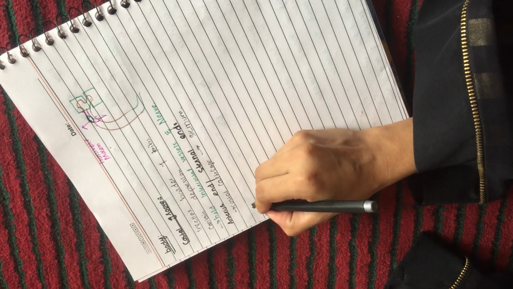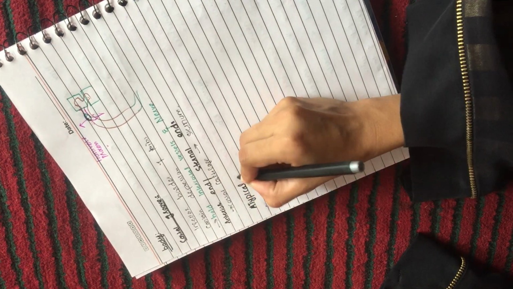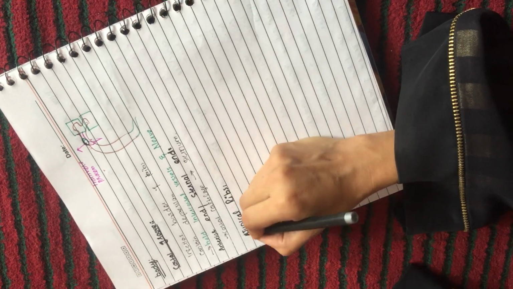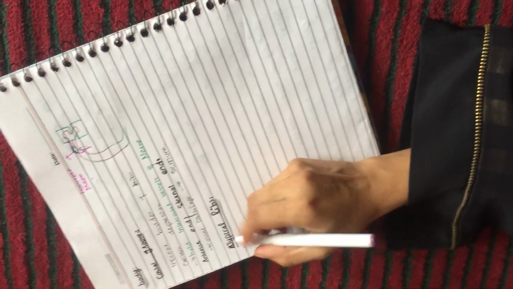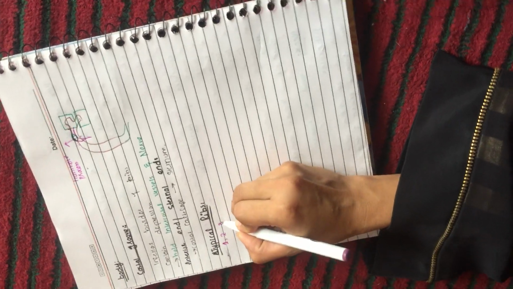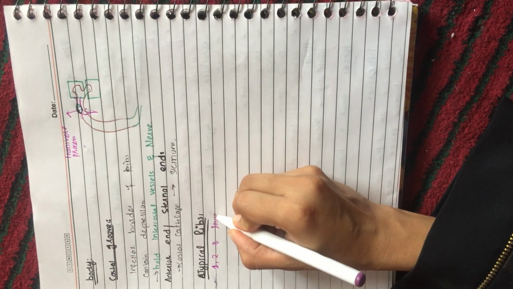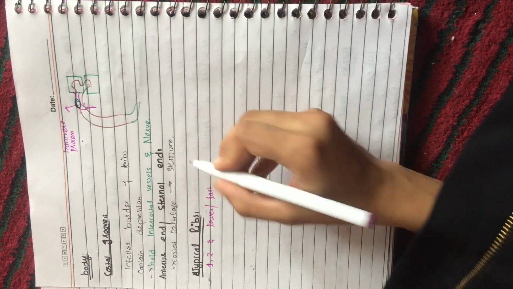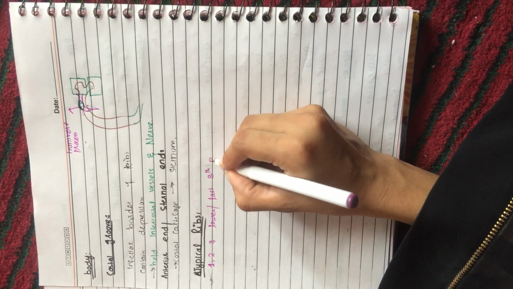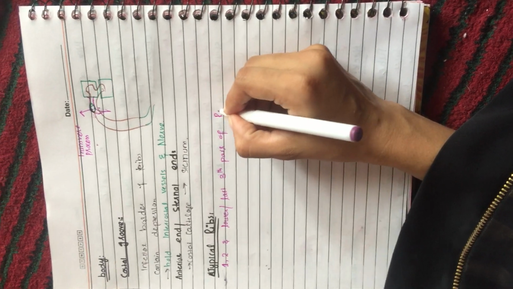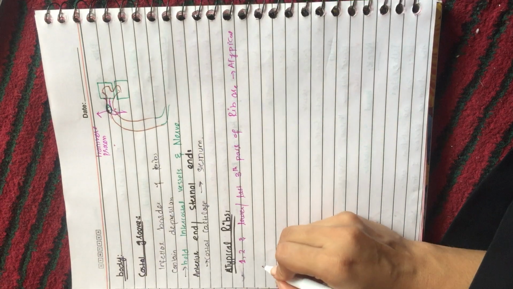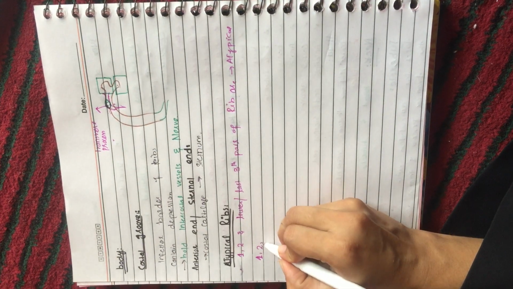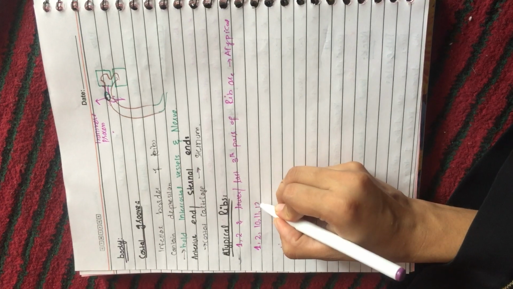Now we come to the atypical ribs. The first two and the last three pairs of ribs are atypical, like the first rib, second rib, 10th rib, 11th rib and 12th rib.